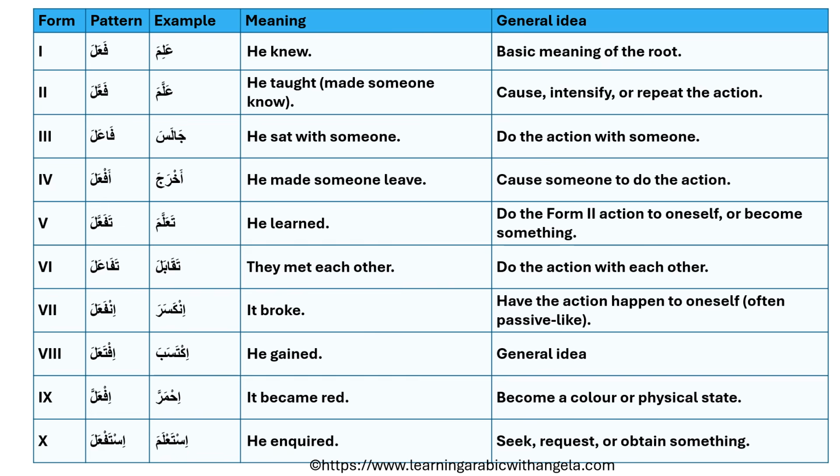Pattern 8, افْتَعَلَ, اكْتَسَبَ, he gained. Pattern 9, افْعَلَّ, احْمَرَّ, it became red. Pattern 10, اسْتَفْعَلَ, اسْتَعْلَمَ, he inquired. So every verb pattern has a general idea or meaning.